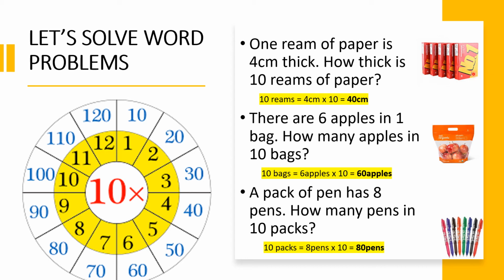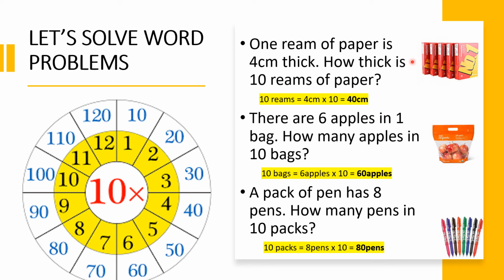Only this single ream of paper is 4 centimeters and I have 10 of them. It means if one is 4, the second one too must be 4, right? 4 plus 4 is 8. The third one must be 4. 8 plus 4 will be 12. If I don't want to keep adding 4, I will just simply say 4.